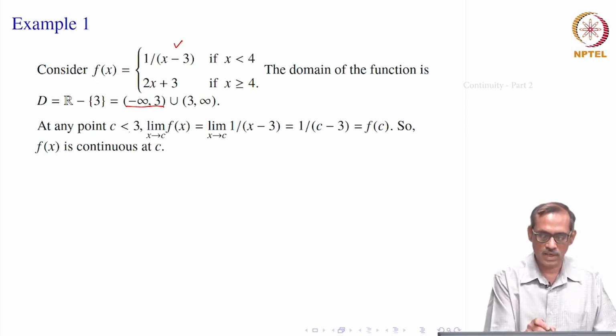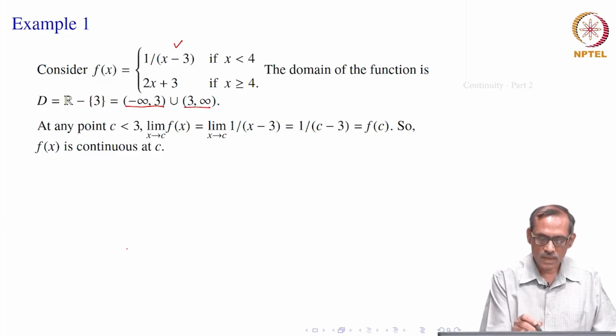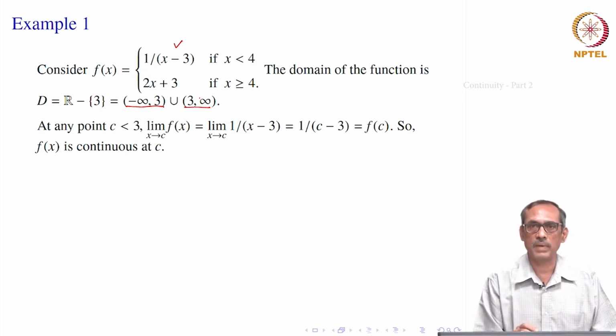So, when you take C less than 3, 3 is a right end point here in the interval minus infinity to 3. But there is also a right neighborhood there, because the other condition says 3 to infinity. So, on both sides, a deleted neighborhood of 3 is contained inside this domain.